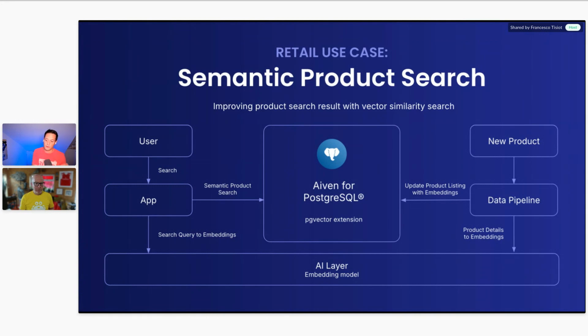So going to the flow on the left, every time a user logs in to your app or your website, and looks for, I want a pair of shoes that is green and, for example, is in stock in a shop less than 3 kilometers far from me, it can use both the embeddings and the standard columns to perform an accurate search and give you all the products with the characteristics that you want, and also all the little details that are very important to you, like having the shoes in stock in a shop that is less than 3 kilometers far from me.